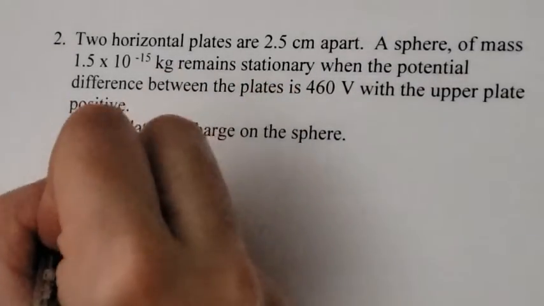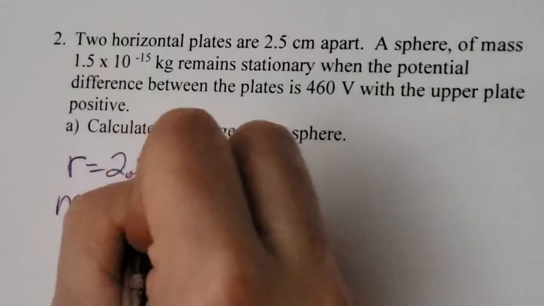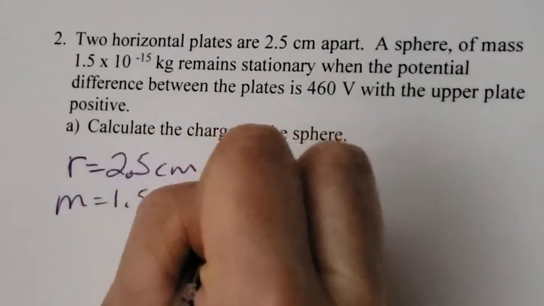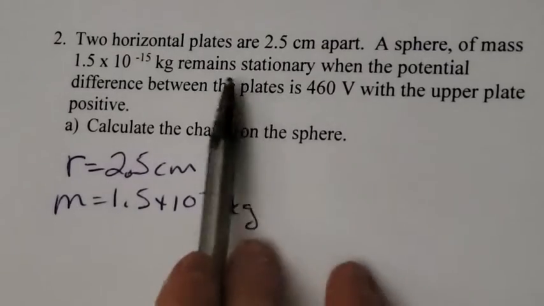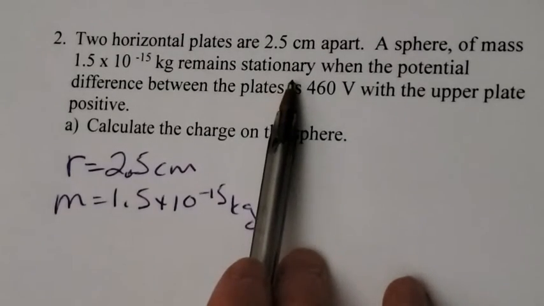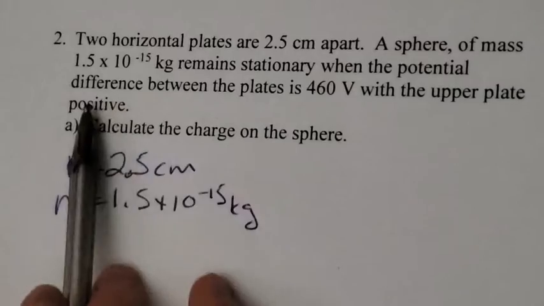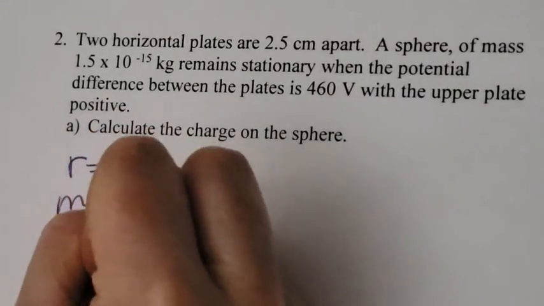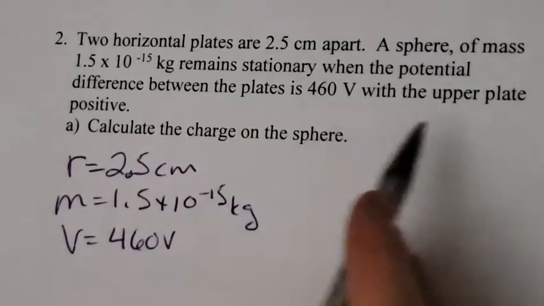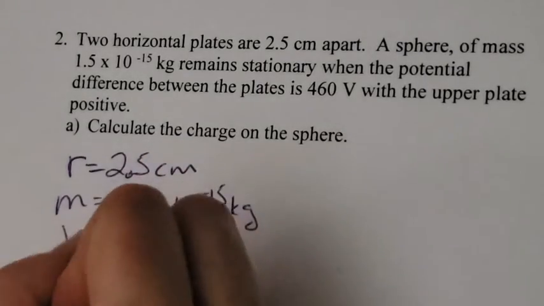We know the mass, and it's being stationary. So the fact that it's suspended stationary, we can use that new formula. The potential difference, V, is 460. And it says calculate the charge Q.